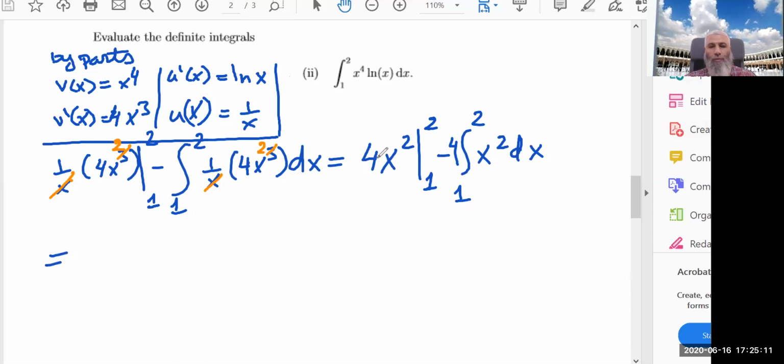So this is 4 times, the upper limit is 2 power 2 minus the lower limit is 1 power 2, right? Minus 4 times the integration of x squared. What is it?